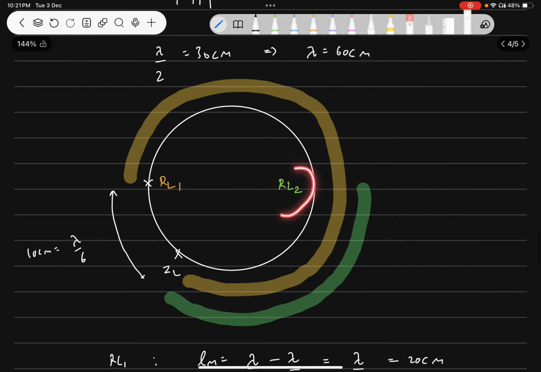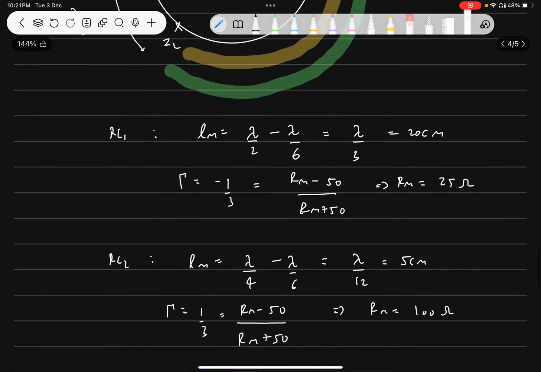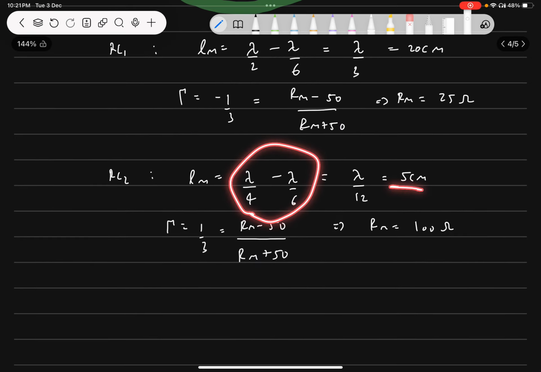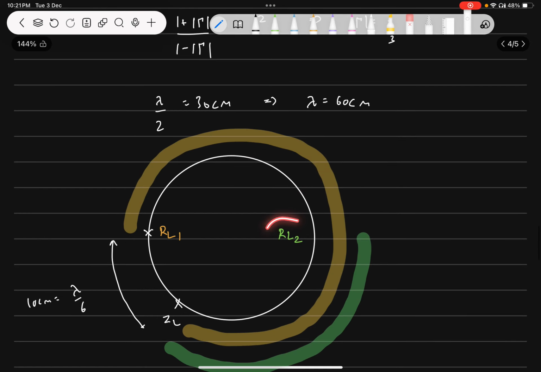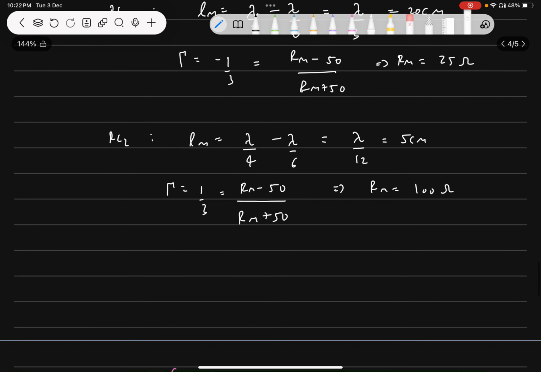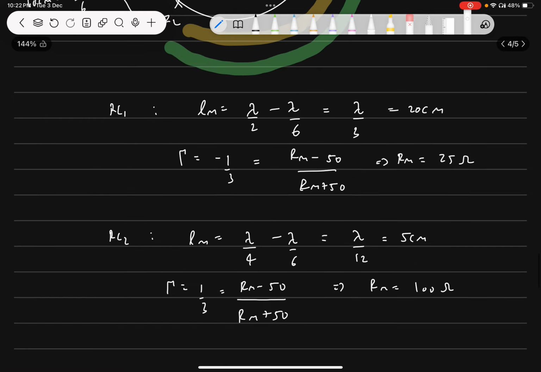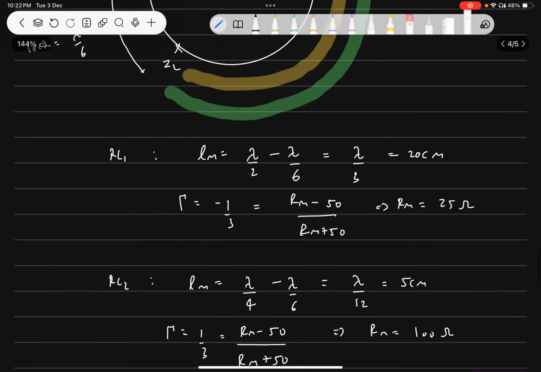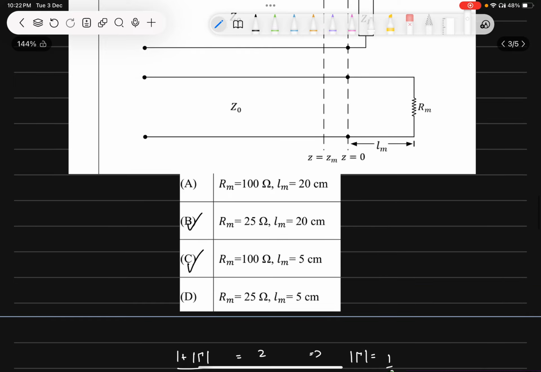For green, we travel lambda over 4 minus lambda over 6, which comes out to be 5 centimeters. RL2 corresponded to tau equals 1 by 3, and tau equals 1 by 3 was paired up with 100 ohms, so it goes with the value of Lm equals 5. We have these two as the correct answers to the problem.